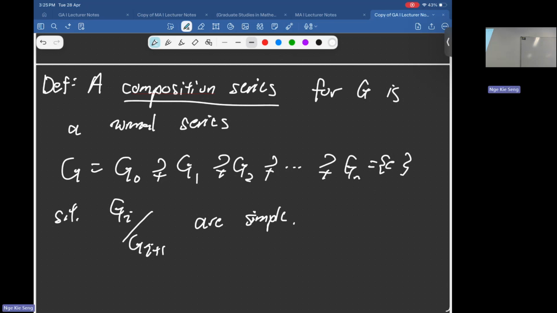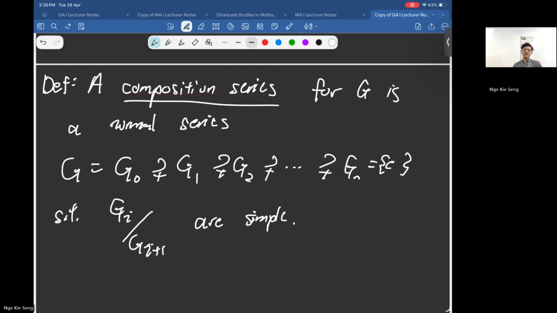Given one composition series, you can work out the number of simple portions. Any two composition series have the same length. This is a very important result.